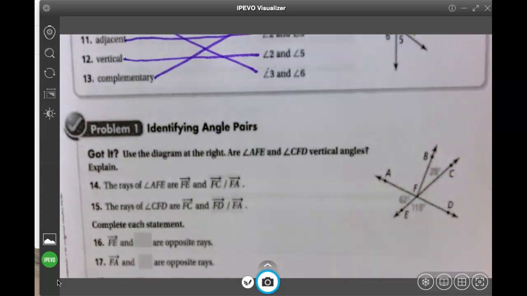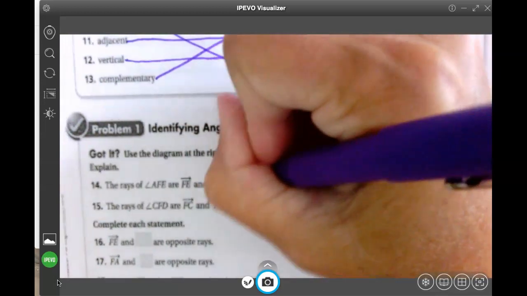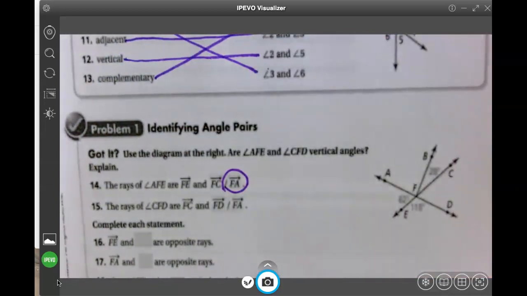What is the other ray, Jillian? FA, very good. The rays of angle CFD are ray FC and ray what? Diaz? FD. Mm-hmm.